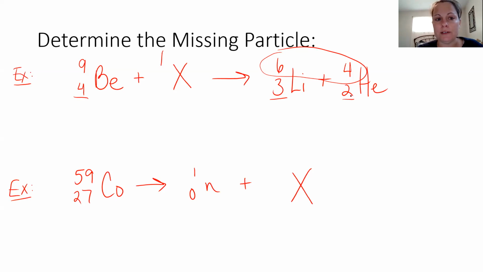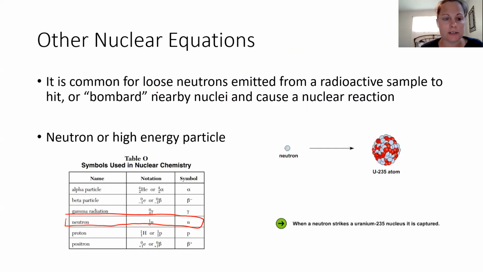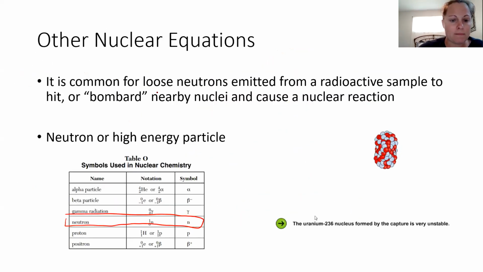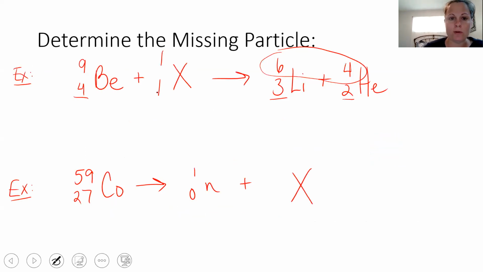So 3 and 2 is 5. So this is, again, a 1. And then I can look at table O, which is here, and that missing particle is a proton, 1 1 H or 1 1 p. You can write H or p.